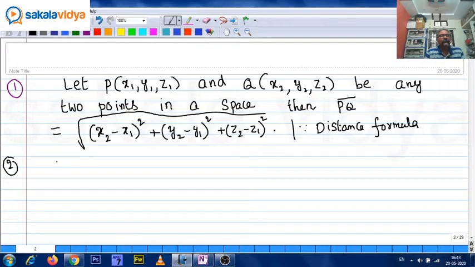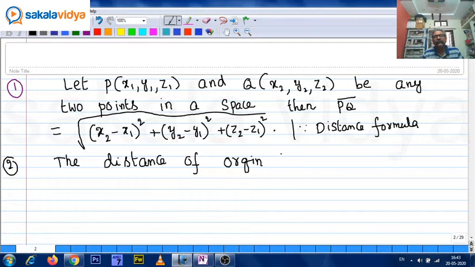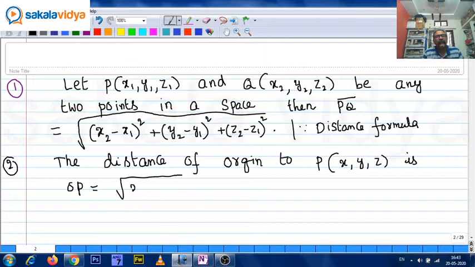Next, the distance from origin to P of x comma y comma z is OP equals root of x square plus y square plus z square.